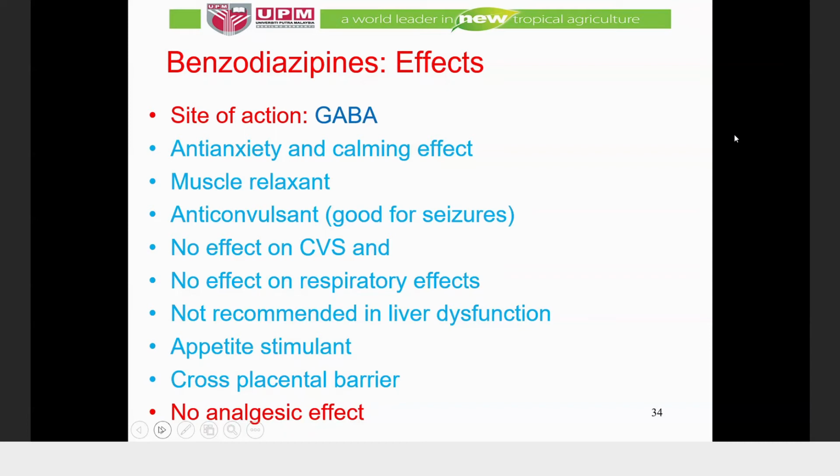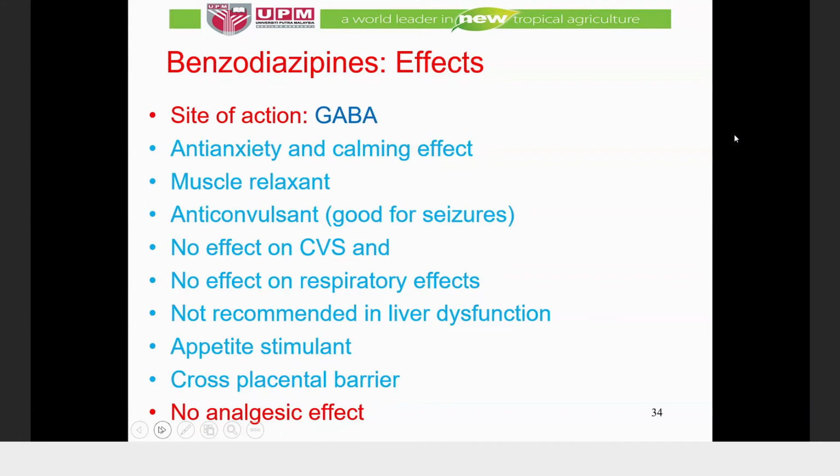Other effects are anti-anxiety and calming effects, right? When the animal is anxious or ferocious or angry or stressed, what neurotransmitter is in action? Excitatory, correct? That is the glutamate.